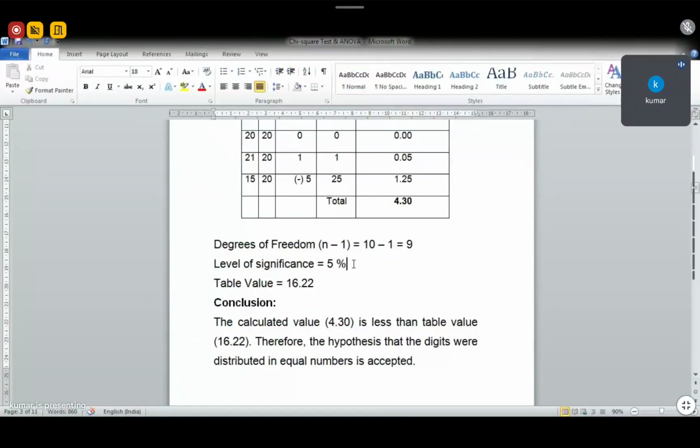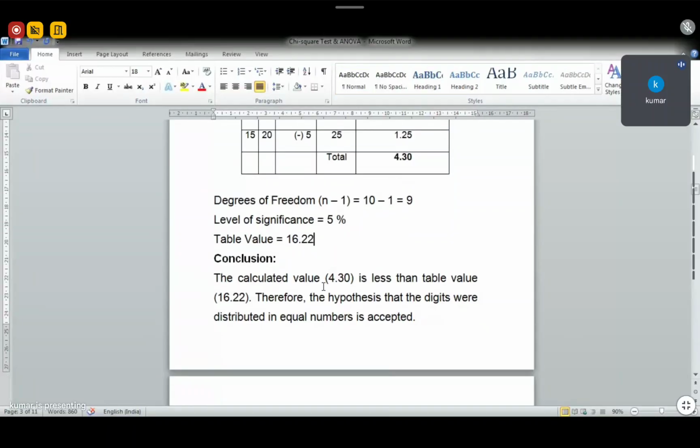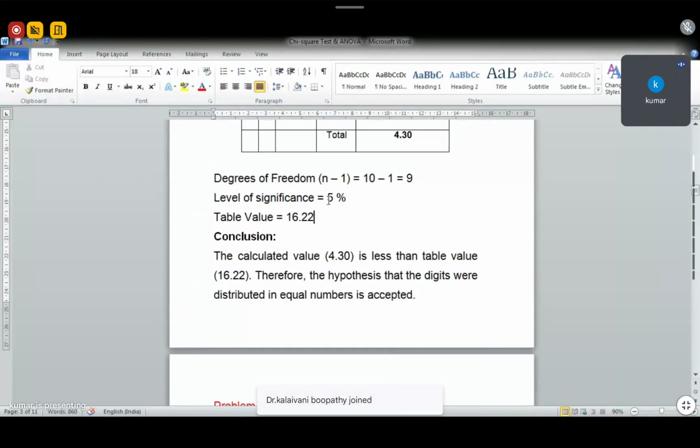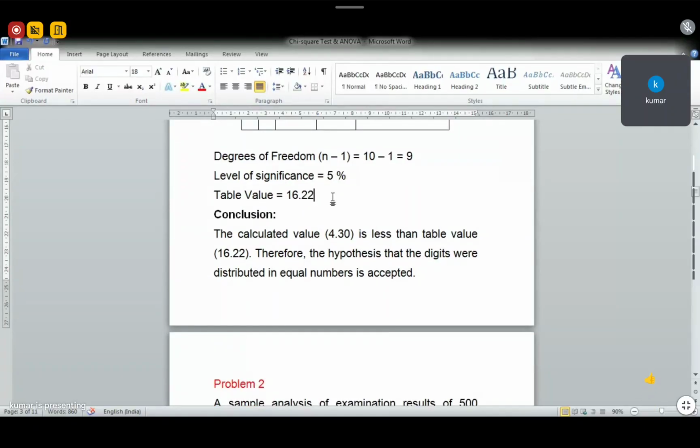At 5% level of significance, the table value is 16.22, which is given in the problem itself. Therefore, the conclusion is that the calculated value, 4.30, is less than the table value, 16.22. Therefore, the hypothesis is accepted. That means the digits were distributed in equal numbers. So this is how it should be concluded.